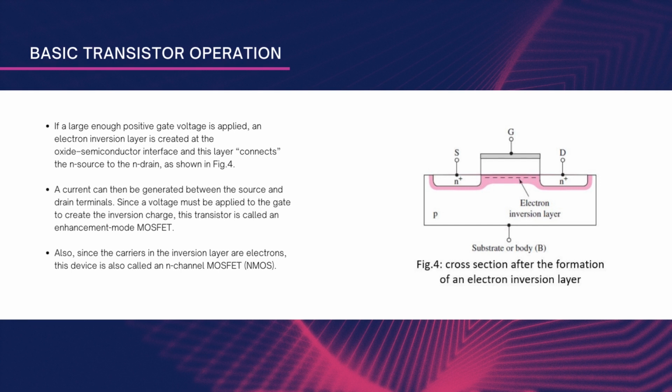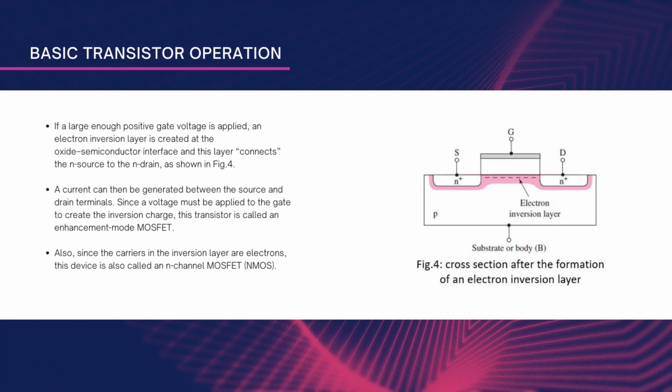Since a voltage must be applied to the gate to create the inversion charge, this transistor is called an enhancement mode MOSFET. Also, since the carriers in the inversion layer are electrons, this device is also called an N-channel MOSFET. It is also represented as NMOS.